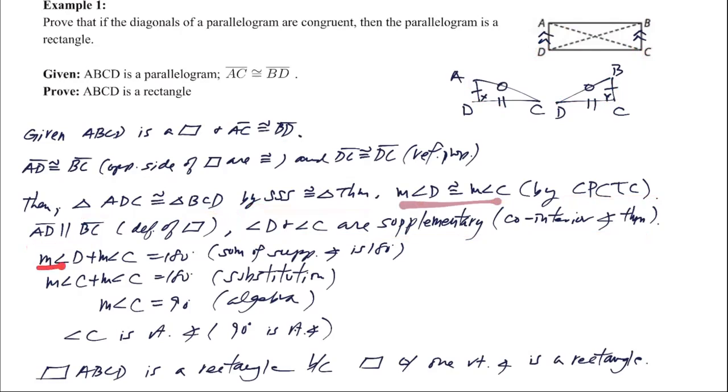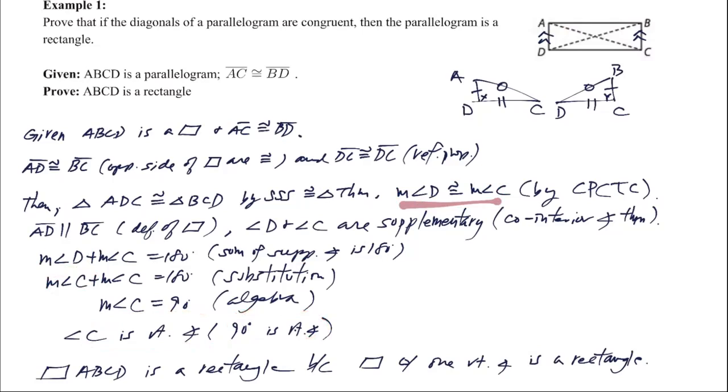So the sum of them is 180 degrees, right? And they're congruent to each other. So I can replace D with C because if they're congruent, then their measures are exactly the same, right? So doing some algebra, we know that angle C is 90 degrees. If C is a right angle, then it's 90 degrees.